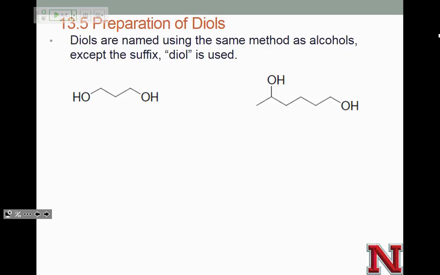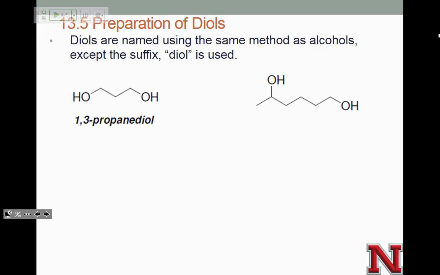As far as forming diols, we also know routes. And just like before, if we have multiple alcohols in the parent name, it's going to be diol. If we have 3 alcohols, it'll be a triol. We don't see triols as much. Diols are found in nature a lot, so we're focusing a little bit on it here.